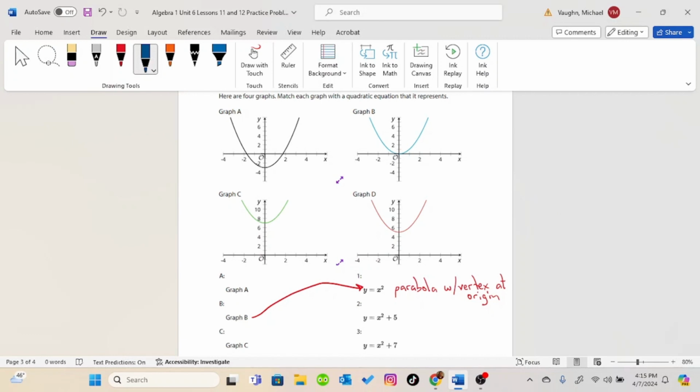Choice 2. This is a parabola that has been shifted up 5 units.